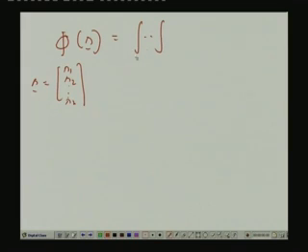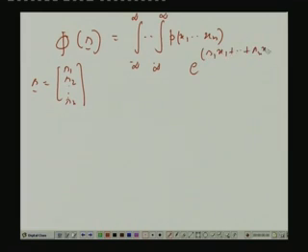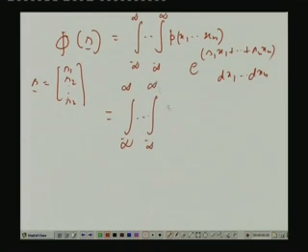You have these integrals with e to the power S1 x1 plus dot dot plus Sn xn, dx1 dot dot dot dxn, which you can also write as p of x1 to xn, e to the power S transpose x, dx1 dot dot dot dxn.